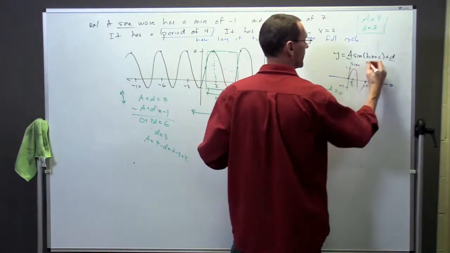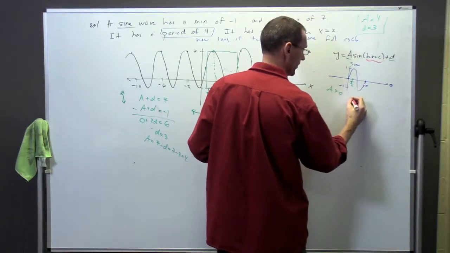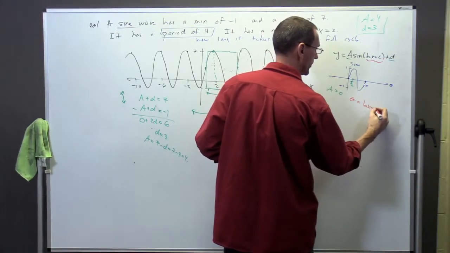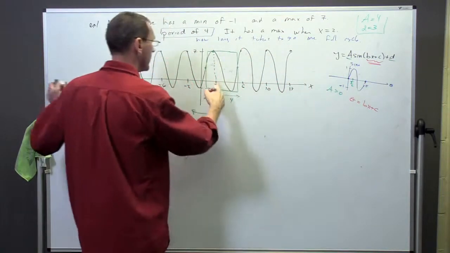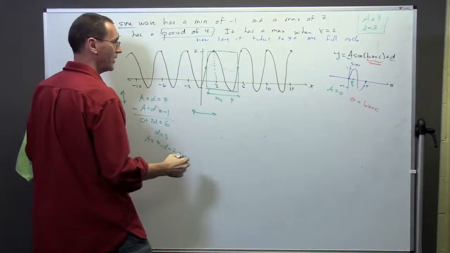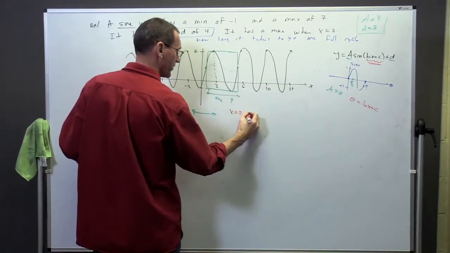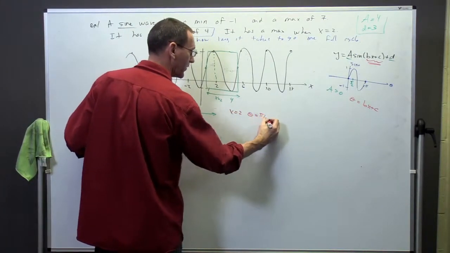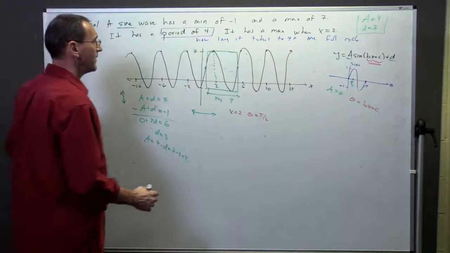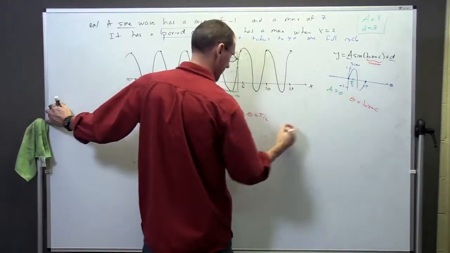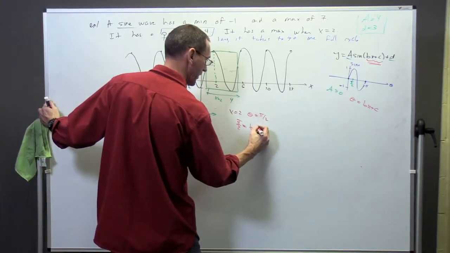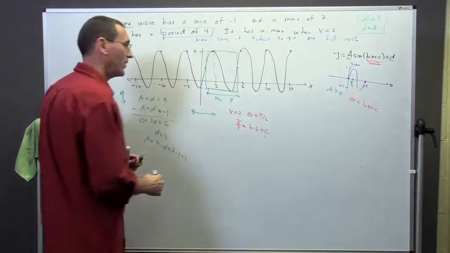I'm going to think of this as my angle, and when I give it an angle of pi over 2, I'm going to be up here at the top. So when x equals 2, the angle has to be pi over 2. So pi over 2, that's my angle, is going to be b times 2 plus c.